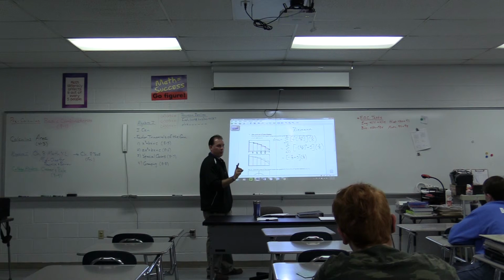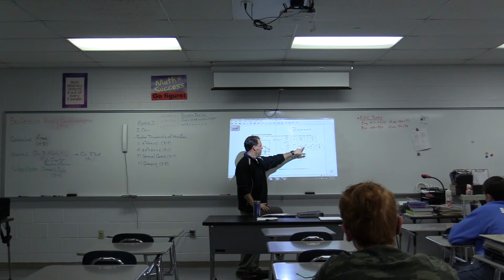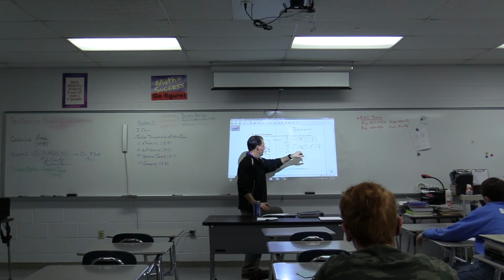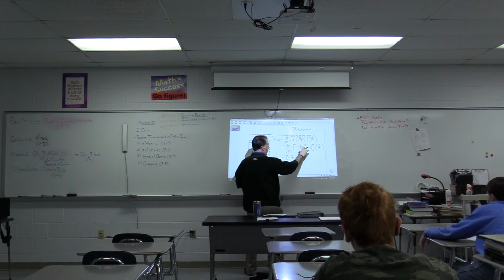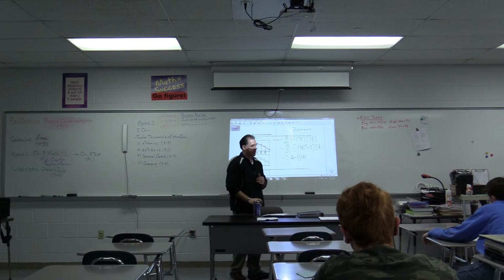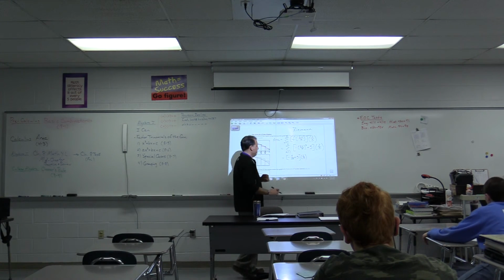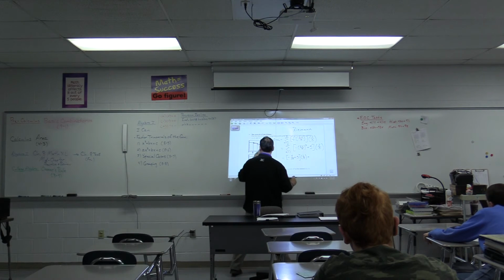That's the first one, because when n is 1, you get 2/5. Now 2/5 squared, is it 4/5 or should it be 4/25? 4/25, because you got 2/5 times 2/5. That's the first rectangle.